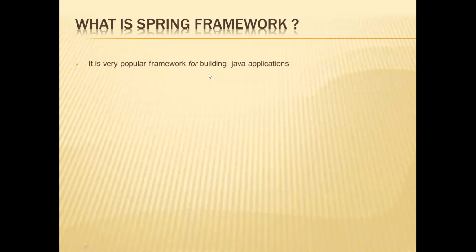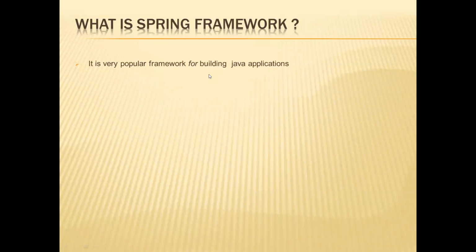Now, what is the Spring framework? Now we are going to start our main content. See here, the Spring framework is a popular framework for building Java applications. When I say Java application, you should have an idea about what a standalone application is, what a web application is, what a distributed application is.